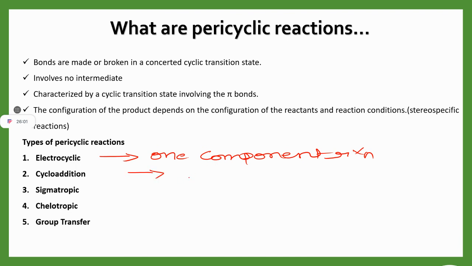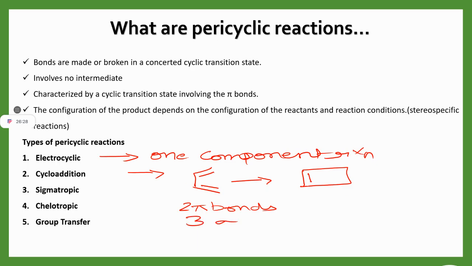Let's say this system is given, and on cyclization you will get this cyclobutene, right? So in the reactant, there are two pi bonds and one, two, three sigma bonds, correct?